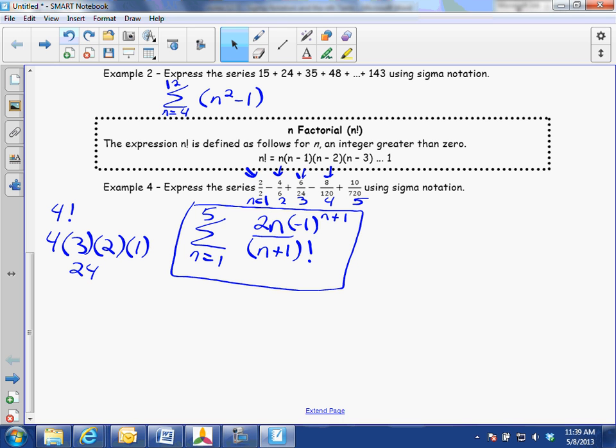If you look at the denominators and they start really tiny and then get big really fast, it's probably going to be a factorial. Look for squares too, since squares turn up a lot in patterns. You just have to play with things sometimes and see which way works with all numbers.